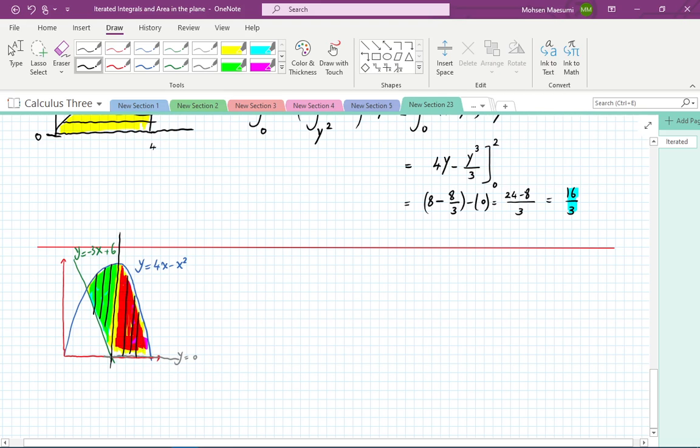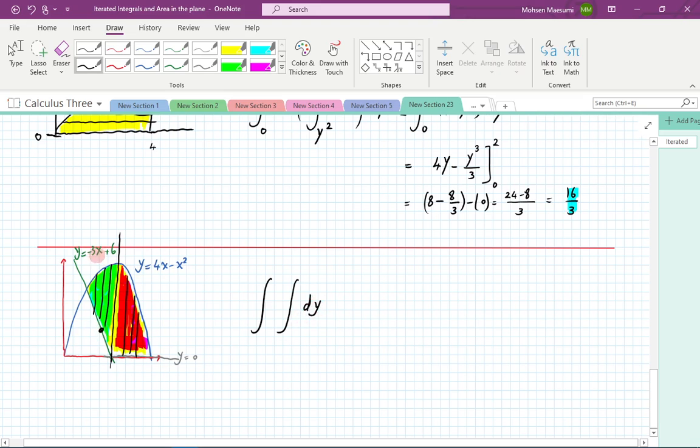So how do we approach this? Well, what's the complication of it? The complication is that the lower function on the left is something, on the right is something else. That's why we split the problem into two pieces. So how do we write this thing? On the left part of my integral, I'm going in the vertical direction first, so it's going to be dy.